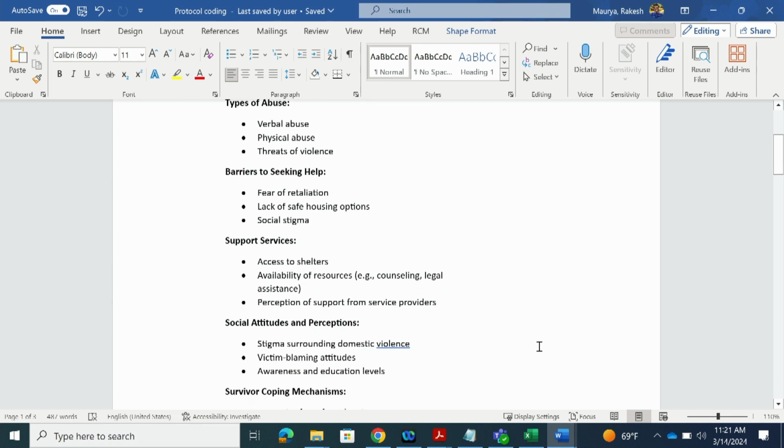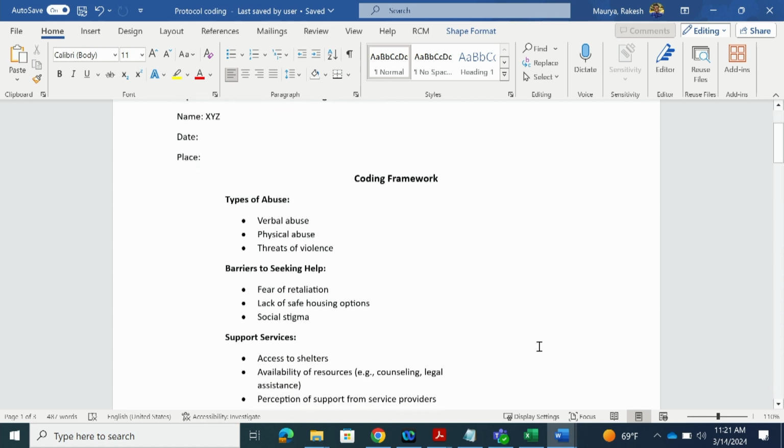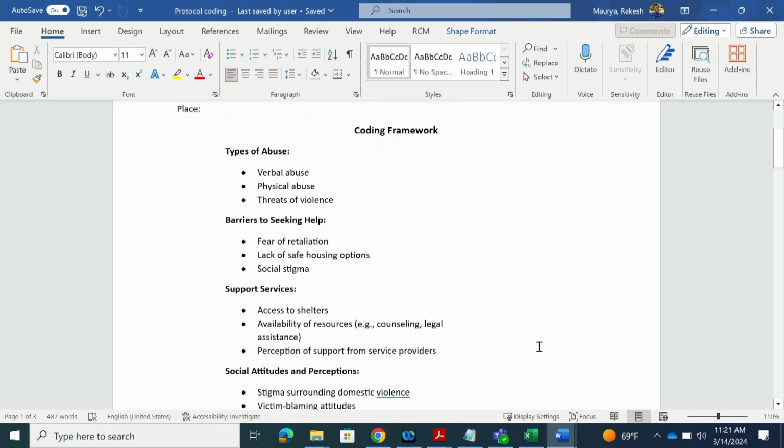Now, these codes are not developed out of a figment of the researcher's imagination. It is done based on prior studies, literature on this topic of violence against women, and maybe some theories or frameworks already developed by other researchers to explore this phenomenon.